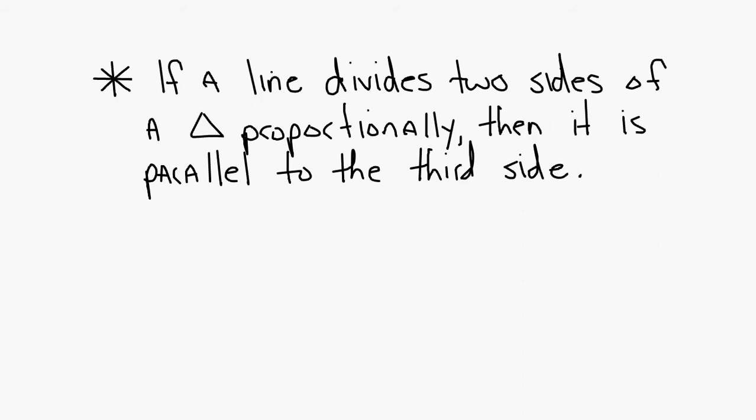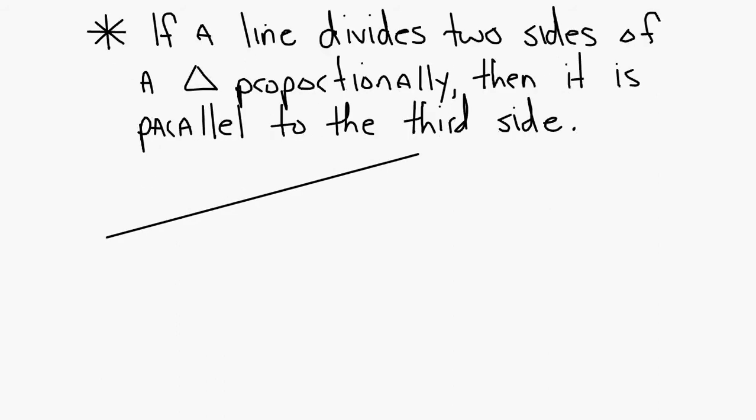If a line divides two sides of a triangle proportionally, then it is parallel to the third side. So this is the type of question you'll see.